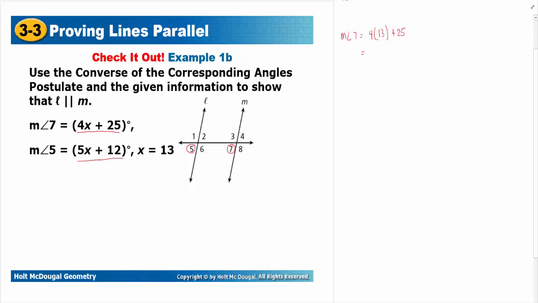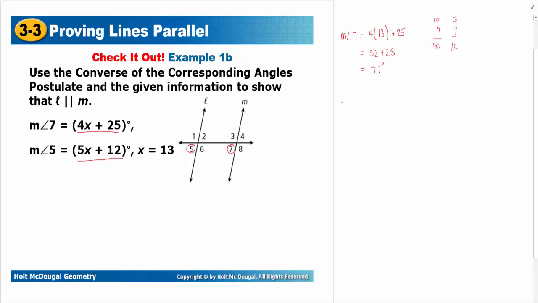So 4 times 13: think of that as 10 times 4, which is 40, and 3 times 4, which is 12. So that's 52, plus 25, which is 77 degrees. So measure of angle 7 is 77.